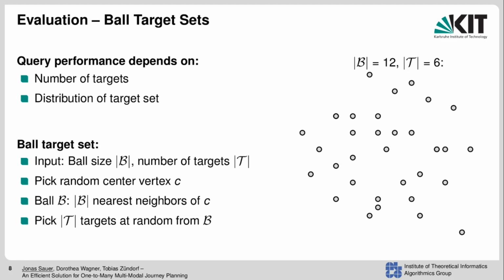To capture this, we used ball target sets using as input a ball size B and a number of targets T. And what we did was we picked a random center vertex C and then grew a ball of size B around it containing the B nearest neighbors of C. And then inside that ball we picked T targets at random. And so the ball size controls the density of the targets in the graph.